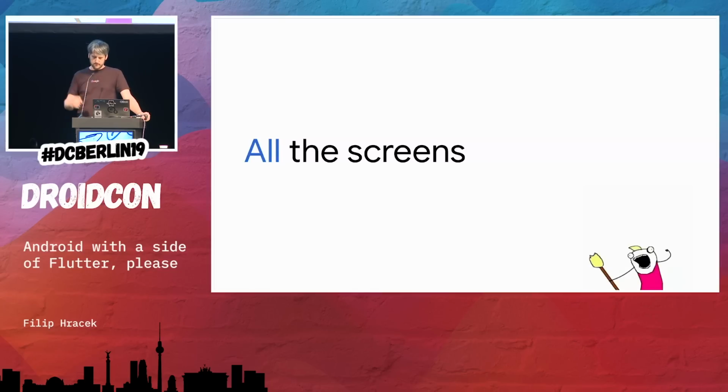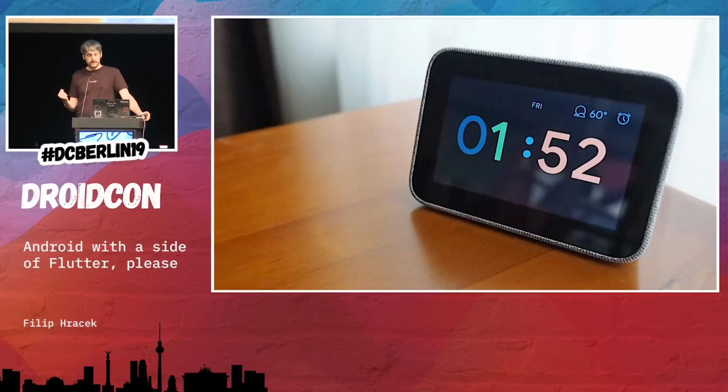So all the screens, right? But it also means that theoretically you can have something like this, which is a Google Assistant device from last month, the Lenovo Smart Clock. It is a thing that has a CPU and a display, so theoretically it could run Flutter, right?